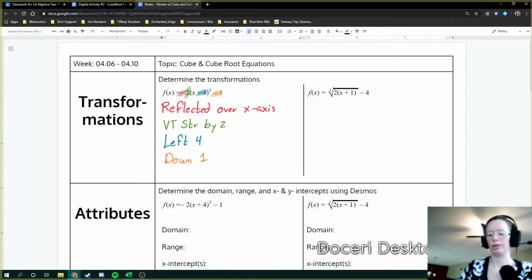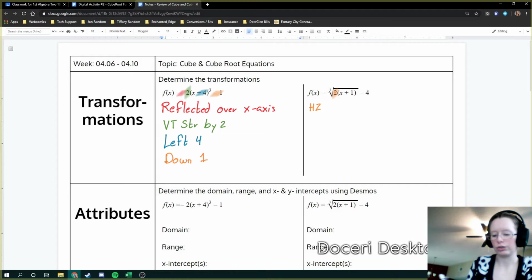Okay, and second problem. The 2 inside the cube root here, so it's inside. So inside stuff is our left, right, our horizontal changes. Remember, inside stuff is always opposite of what it seems like it should be, because it's near x, and your x's always lie to you.